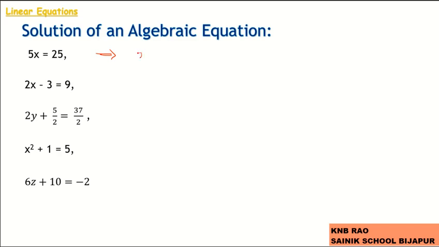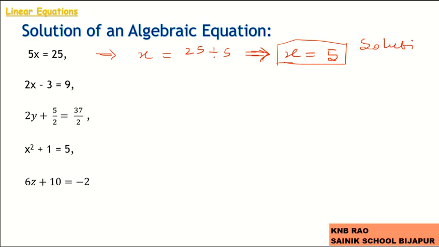It becomes x equals 25 divided by 5. It implies x equals 5. This is the value of the variable x, that is, x equals 5 is called the solution. Okay. Solution of this equation 5x equals 25.